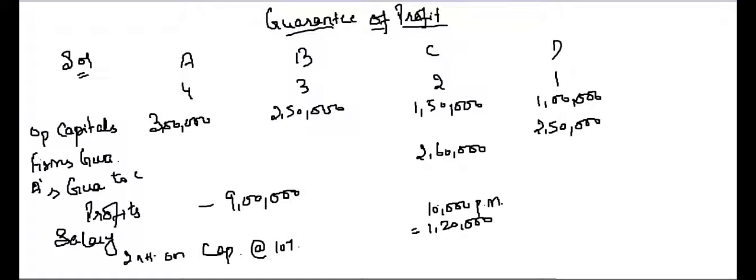D's guarantee is excluding interest on capital. C's guarantee is including interest on capital and salary. We have profits of 9 lakh. Salary to C 10,000 per month, 1,20,000 for the whole year. Interest on capital at the rate of 10%. So let's prepare the profit and loss appropriation account. Clear?